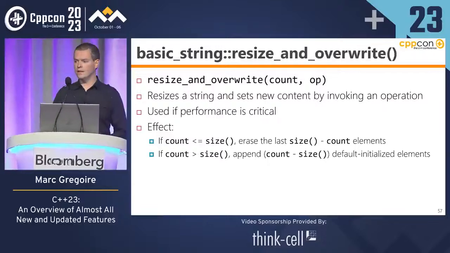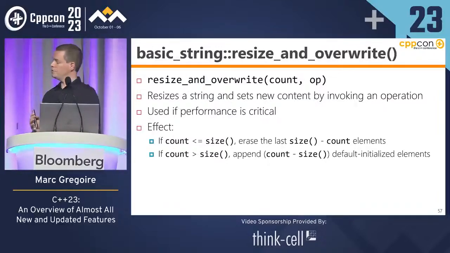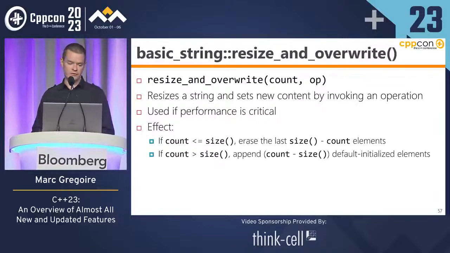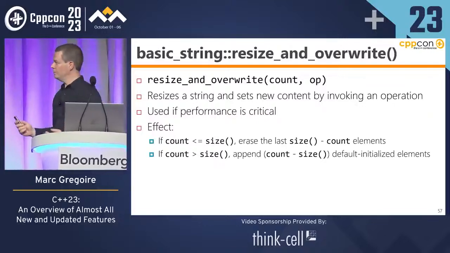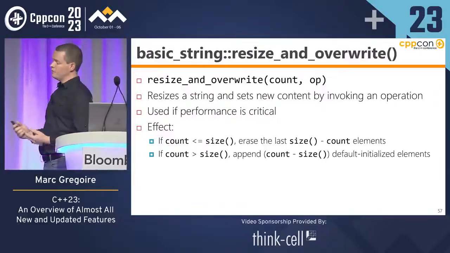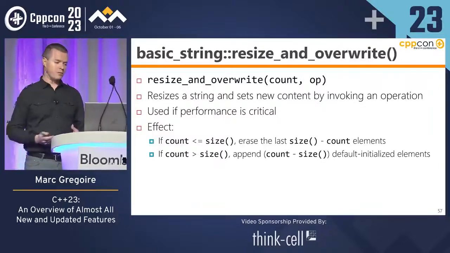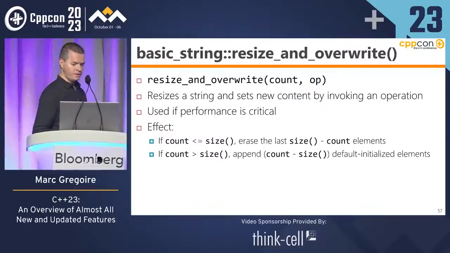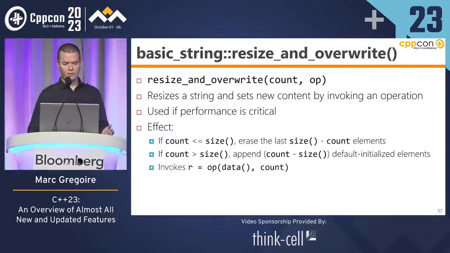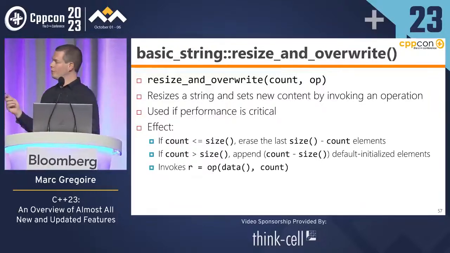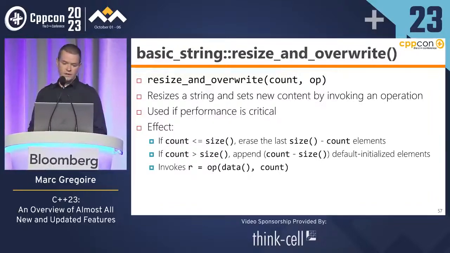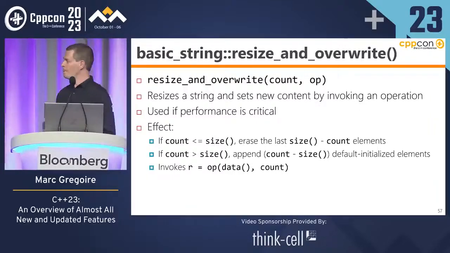If count, the new size, is smaller than the current size of my string, obviously I'm just going to delete some characters. If the new size is bigger, then I'm going to make my string bigger with default initialized characters. And then I'm calling my operation. The operation that you pass to resize and overwrite accepts 2 parameters.